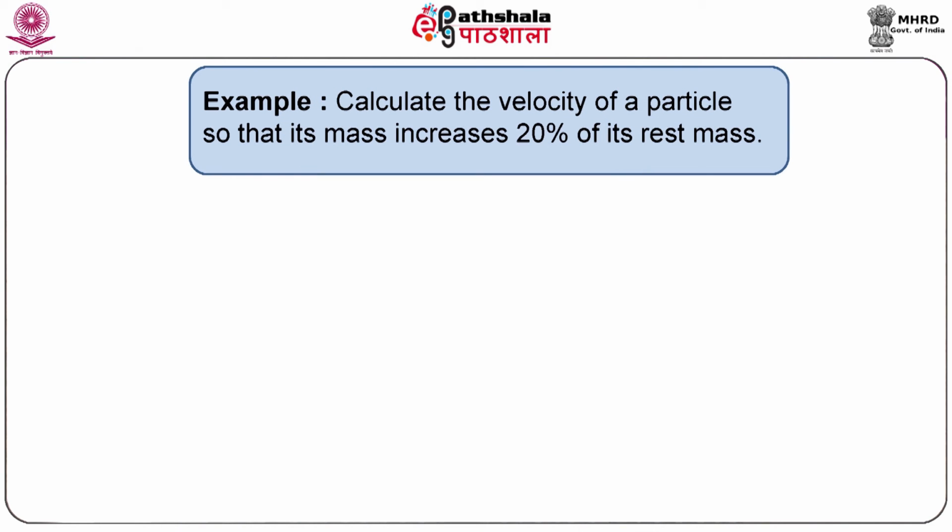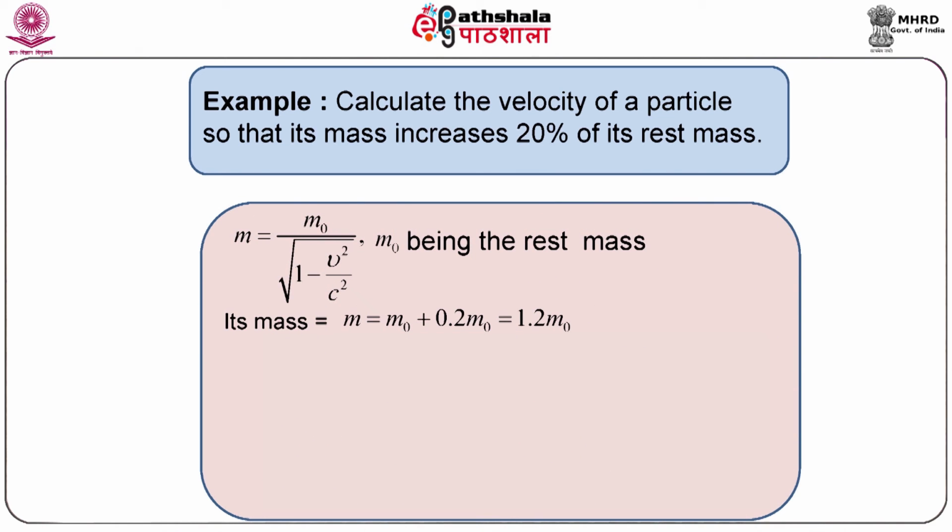Let us consider the next example. Calculate the velocity of a particle so that its mass increases by 20% of its rest mass. We have this formula: m equal to m0 divided by square root of 1 minus v² divided by c².